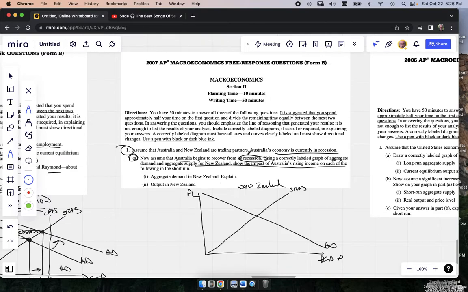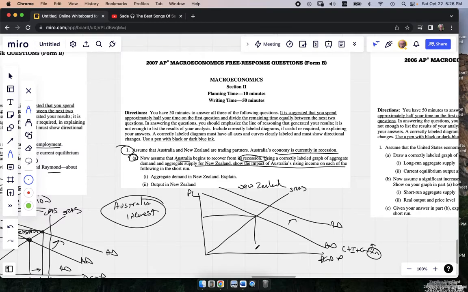So if it's coming out of its recession, the way I think about this is Australia's incomes are increasing. And if they're increasing, they're going to buy more New Zealand stuff. I know C plus I plus G plus XN. I know if exports go up, net exports has to go up, which means aggregate demand is going to shift to the right. Let's do that, PL1, Y1.